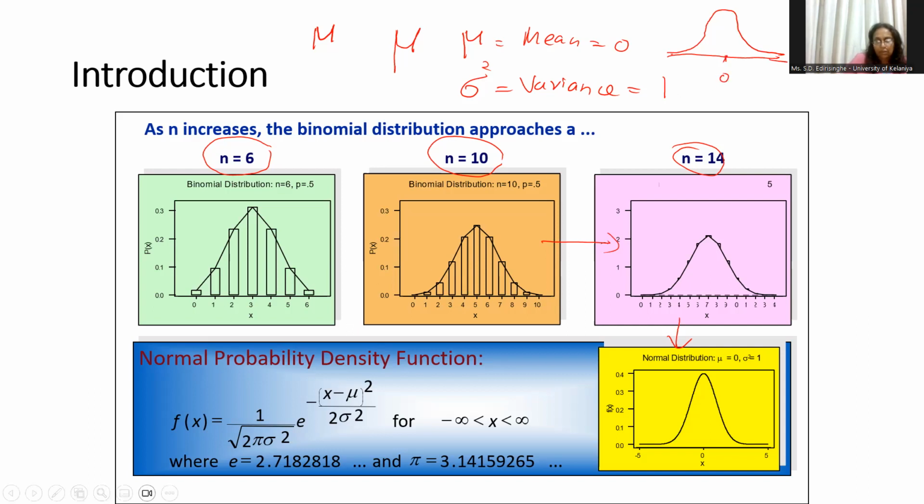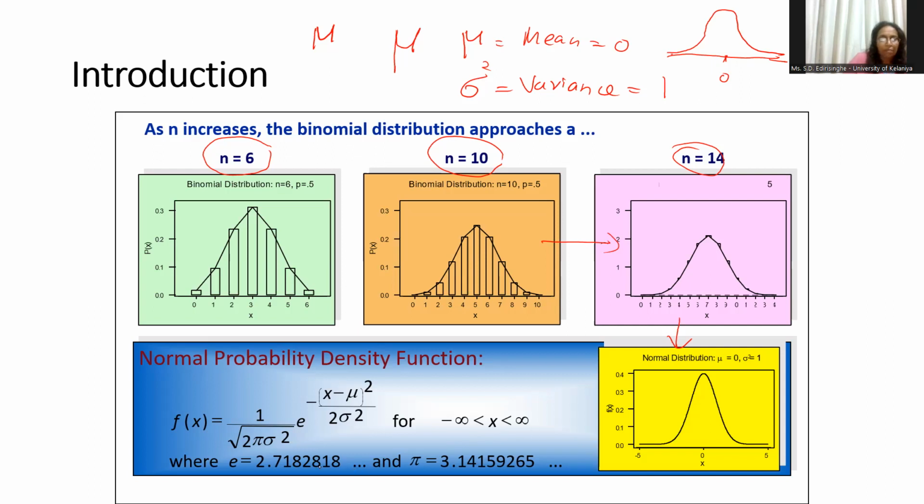Right? Then I will show you the probability density function here. So see here, normal probability density function: f(x) equals 1 divided by square root of 2 pi sigma squared, e to the power minus (x minus mu) squared divided by 2 sigma squared, for x from minus infinity to plus infinity.